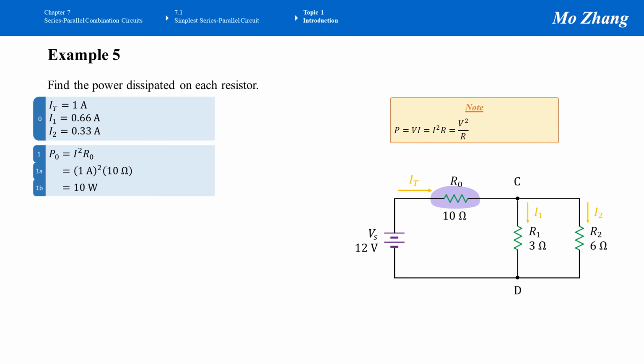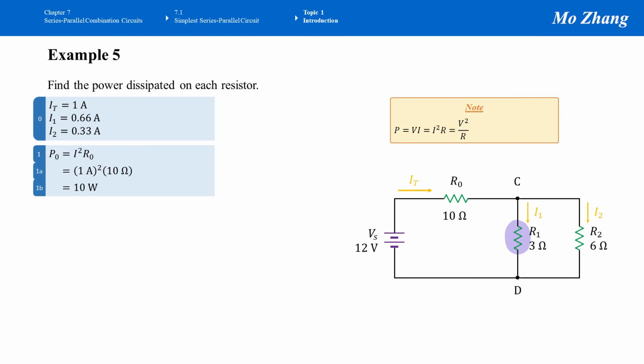The unit for resistance is ohm, no prefix. At the end, the unit for power is watt with no prefix. So 1 squared times 10 is 10 watts.